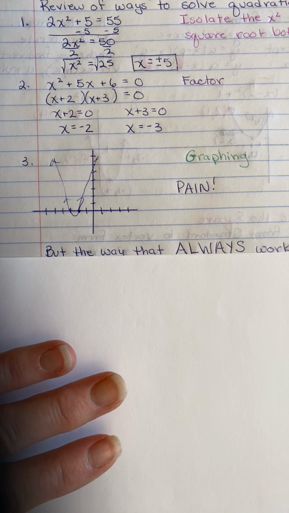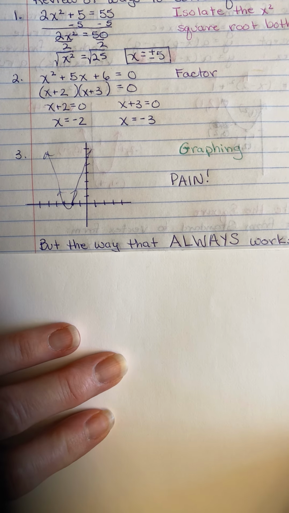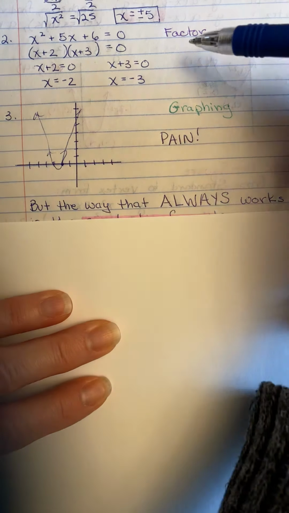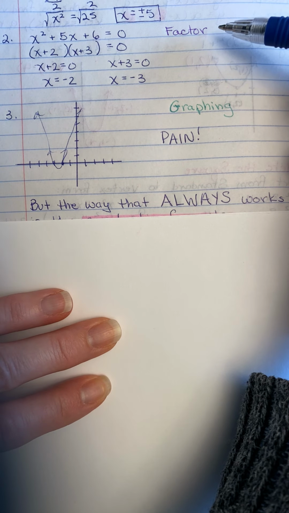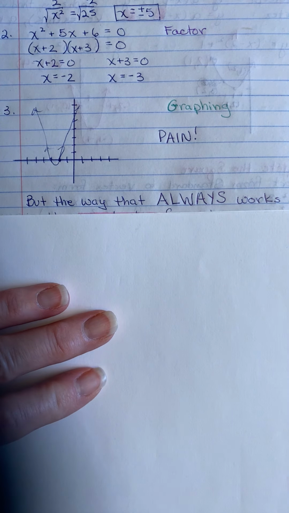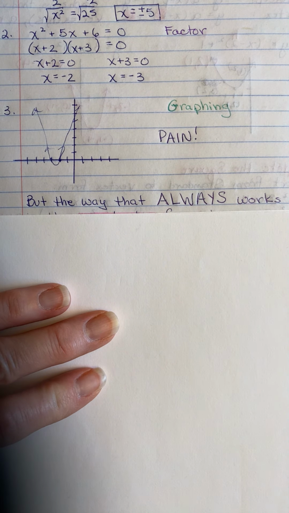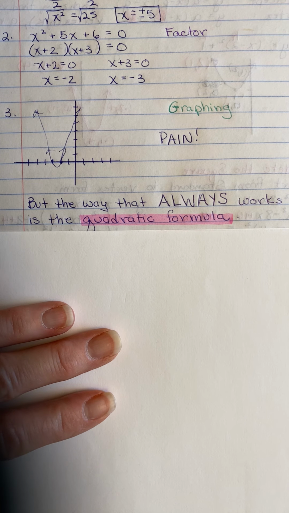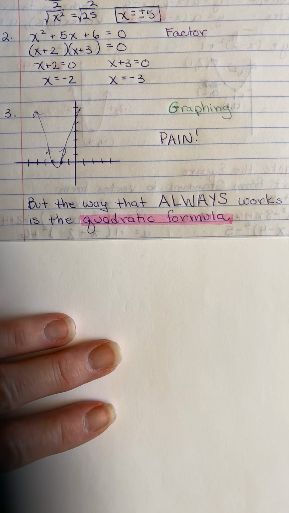But the way that always works and the way that you are going to use the most, besides factoring, because you will factor quite a bit, but the way that always works when you go on and do science, physics, things like that, you are going to use almost all the time the quadratic formula. The quadratic formula, it's a big deal.